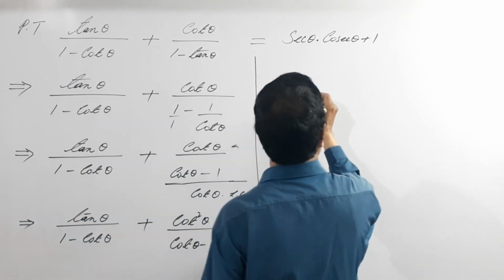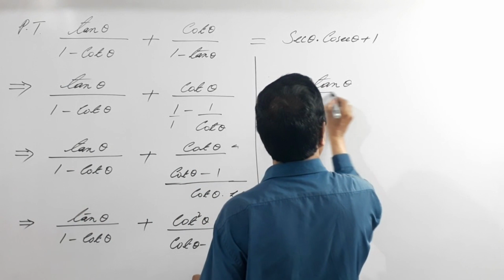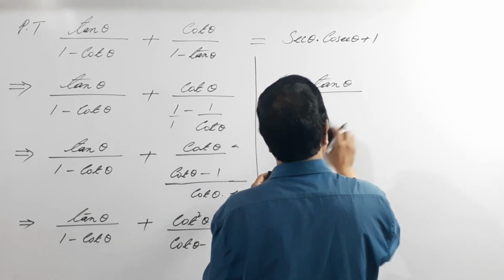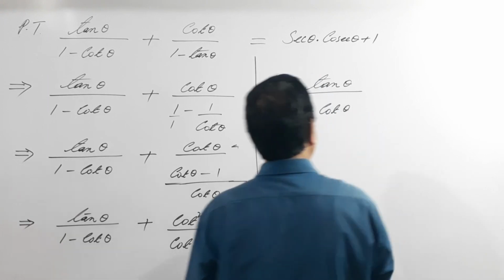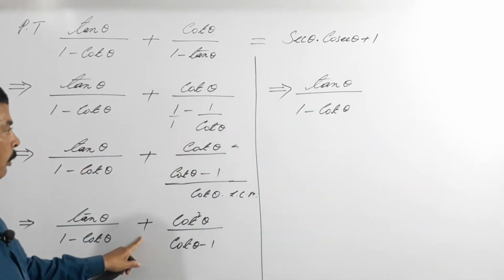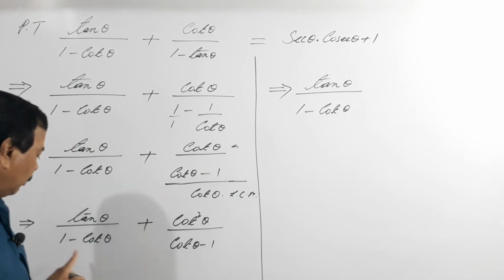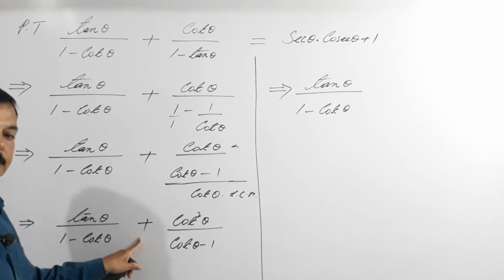On the left hand side we have tan theta divided by 1 minus cot theta. Now here I have cot theta minus 1. I want to bring it in the same form, that is 1 minus cot theta. To do that, I will change the sign of this.